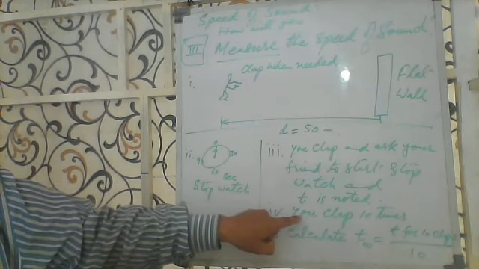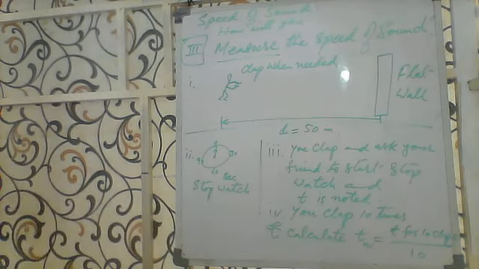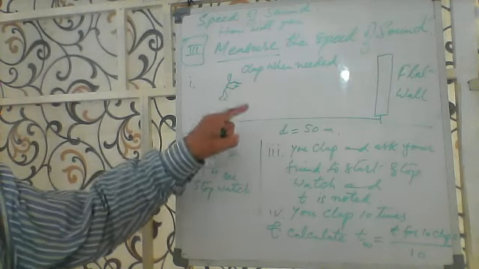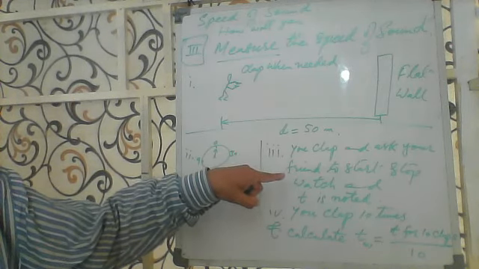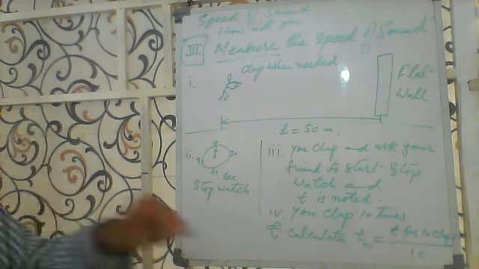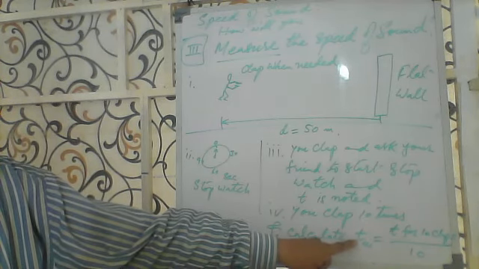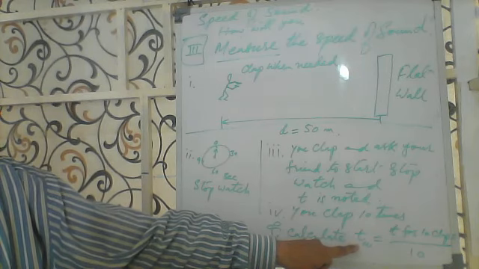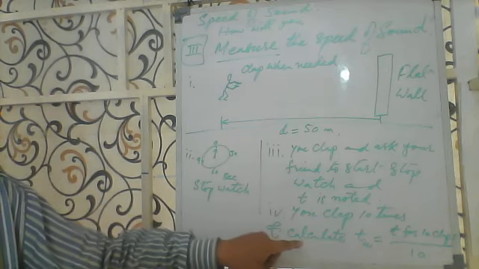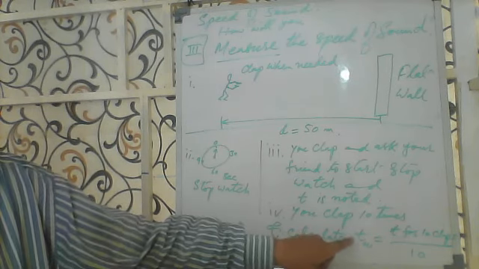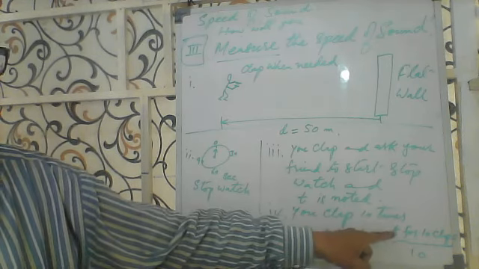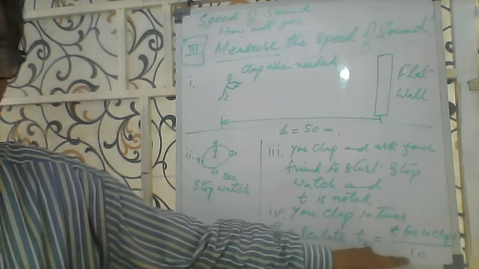Why? Because you clap 10 times and you measure the time, your friend measures the time using the stopwatch. But then how you are going to calculate, you are going to find the average time. You are going to find the average time by calculation. You calculate it as T average is equal to time for 10 claps divided by 10.